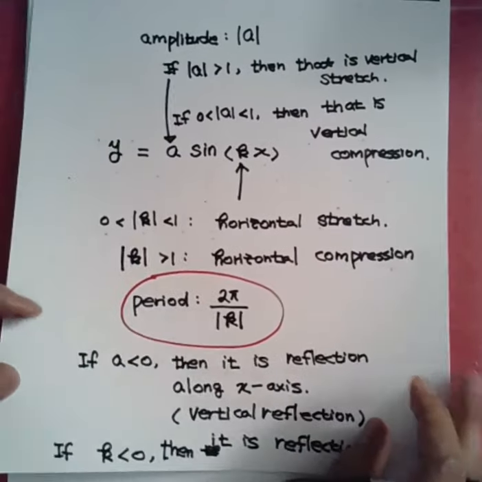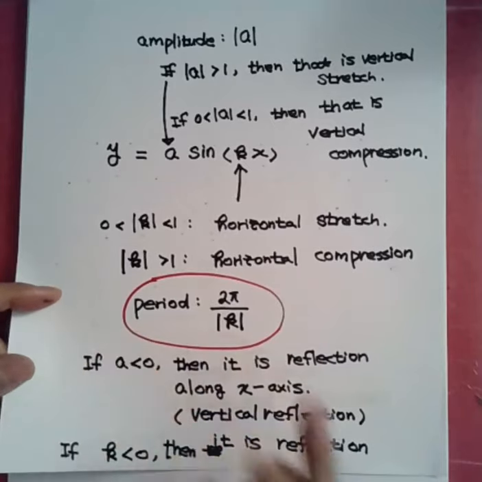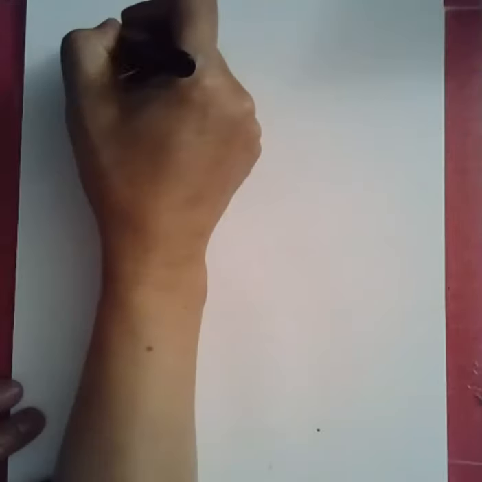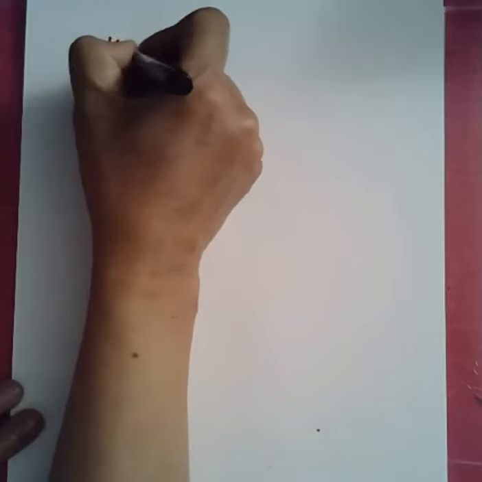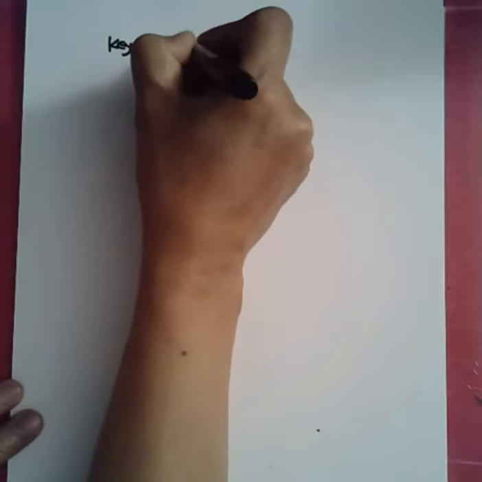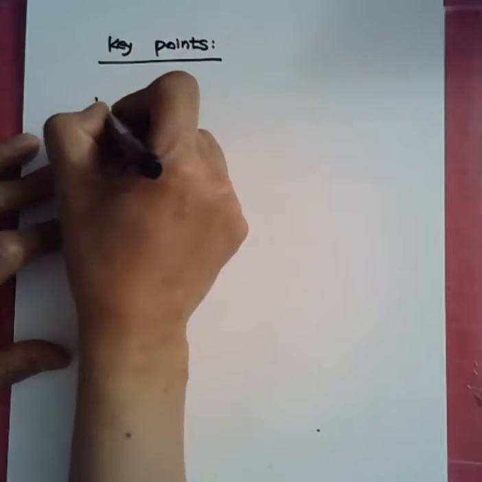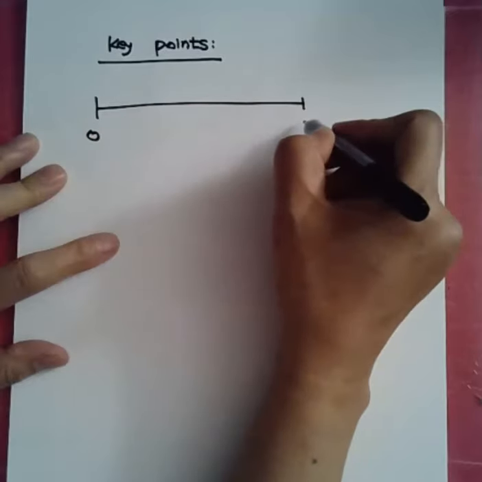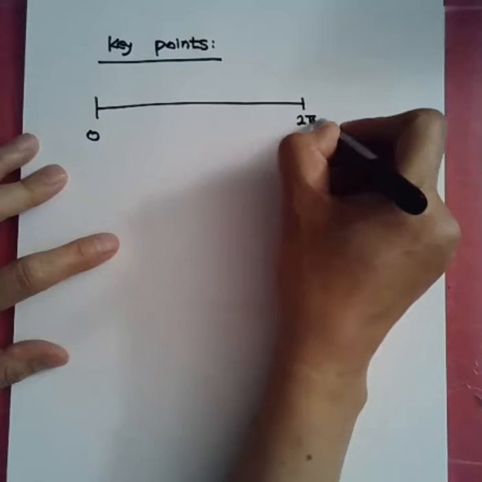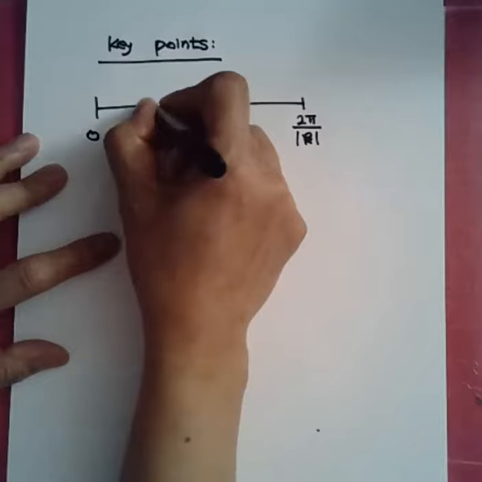Here we discussed the period formula. Period was 2 pi over the absolute value of k. In the previous lesson, I talked about the notion of key points. What I said was key points divide one period into 4 equal intervals.